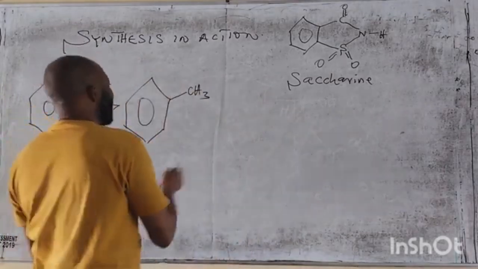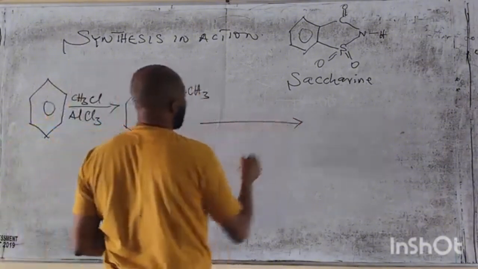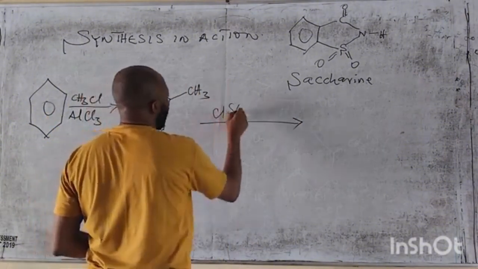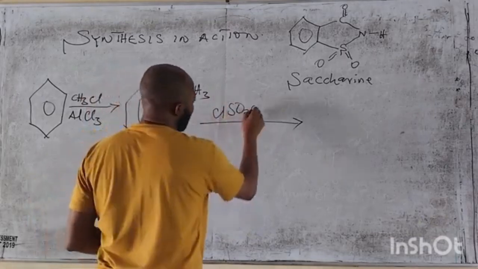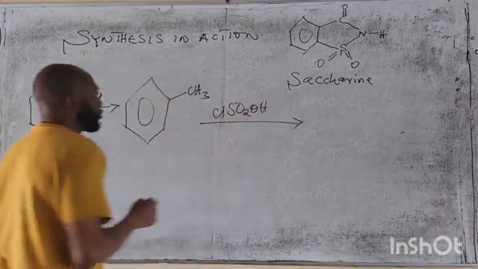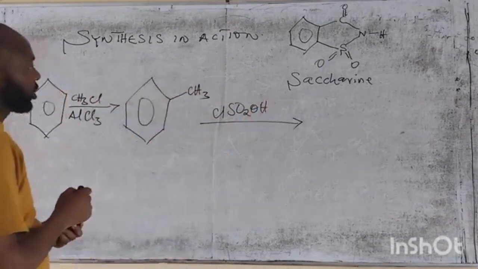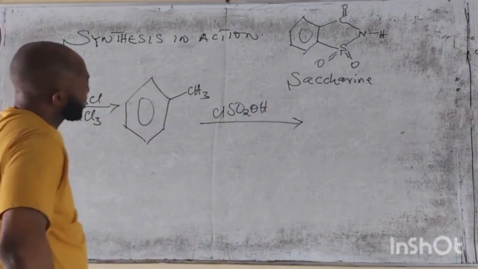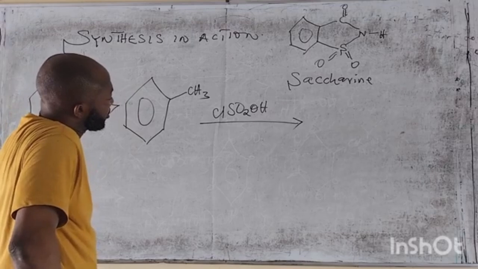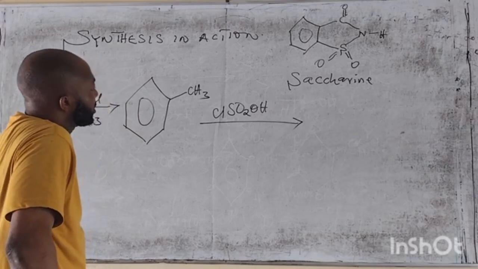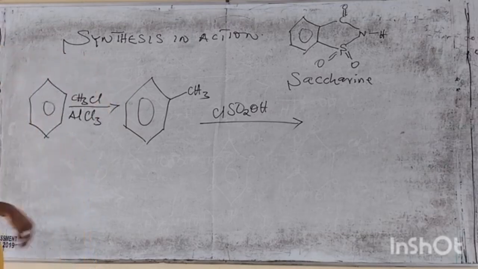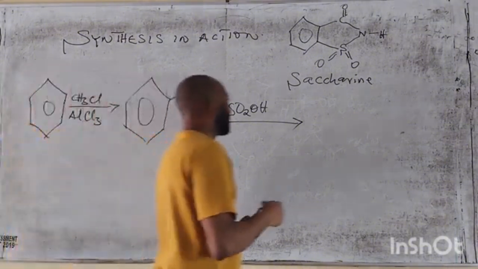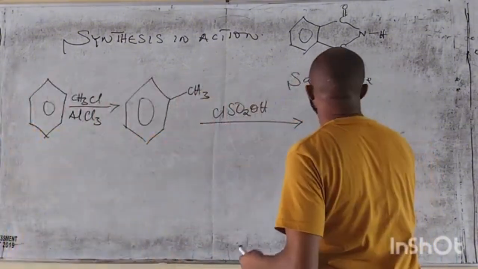Okay, if I react this with chlorosulfonic acid, ClSO2OH, yes, chlorosulfonic group. Let's look at that again. Yes. So that will go to my ortho-para positions. I will put them down here.